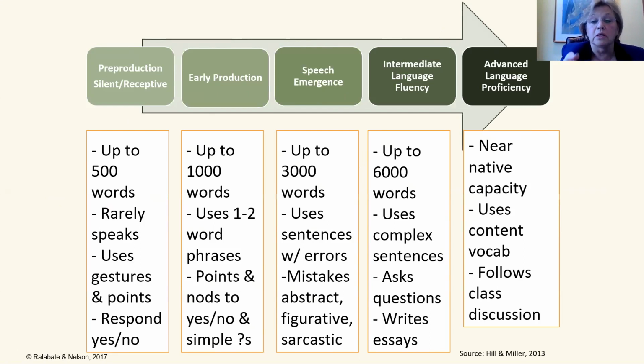And then as you look at the different levels or stages, you see how their vocabulary doubles, and then it triples, and then it doubles again. And by the time they get to the advanced language proficiency stage, they're near peer, English speaking peer at that point. And they really are able by then to use content vocabulary appropriately.